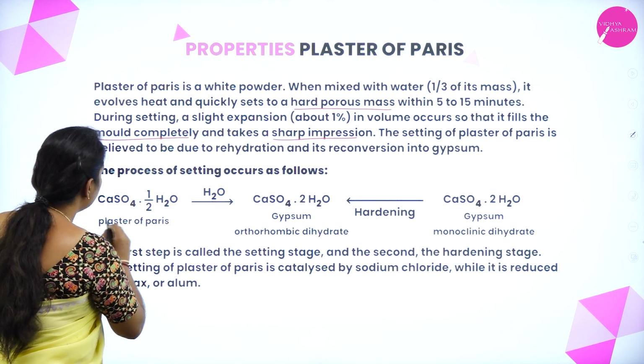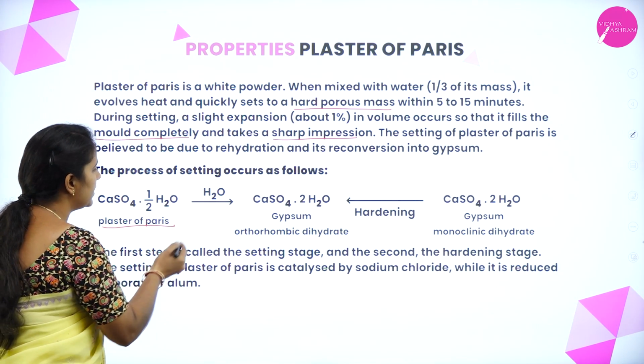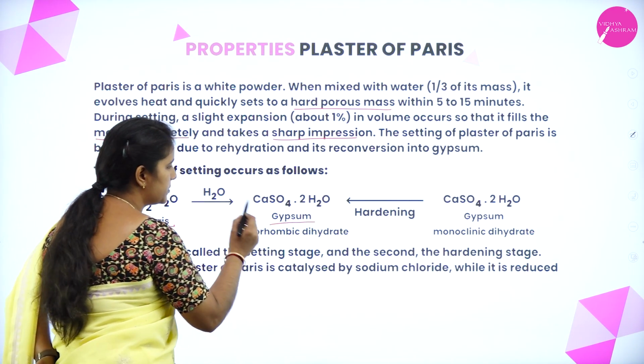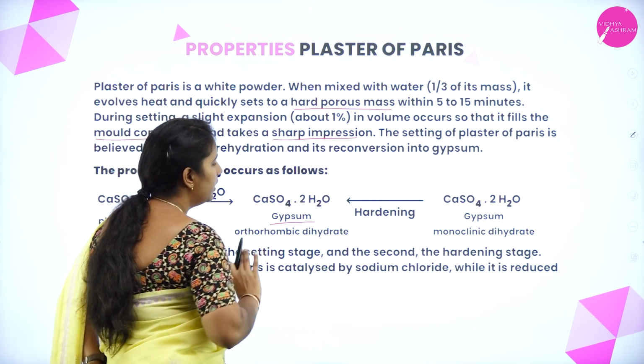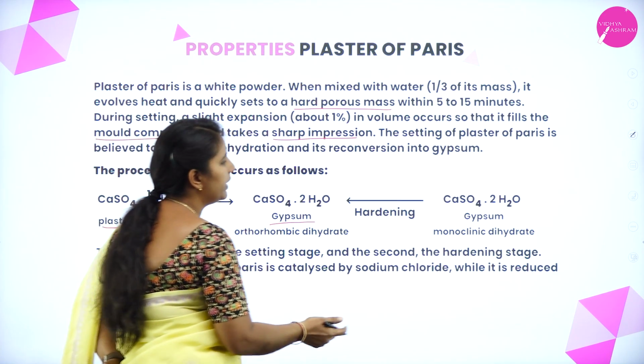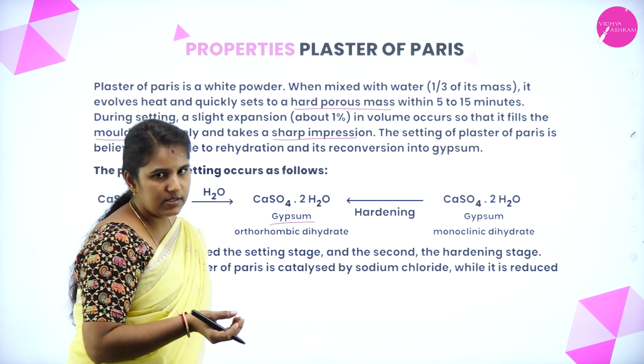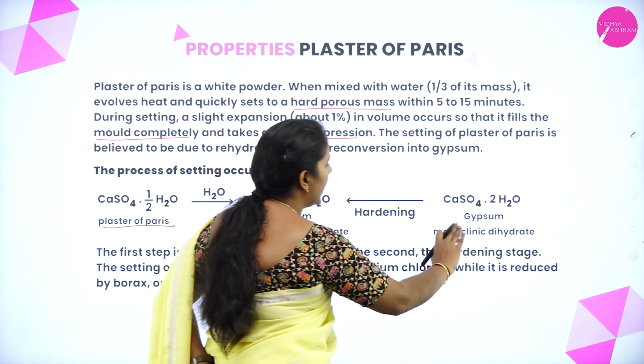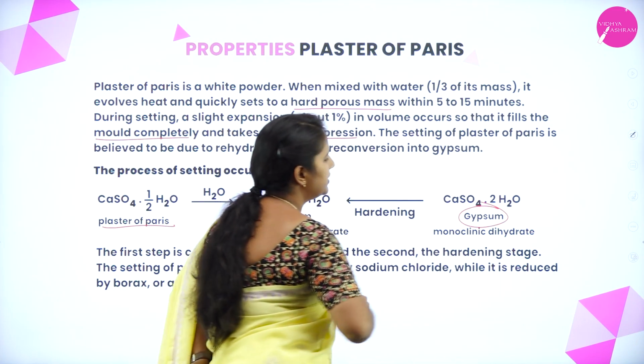Here you can see that this is plaster of Paris. When it is dissolved in water, it will form what? Gypsum. Again, if you heat the gypsum, you will get plaster of Paris. Suppose you do the hardening, again you will get the gypsum.